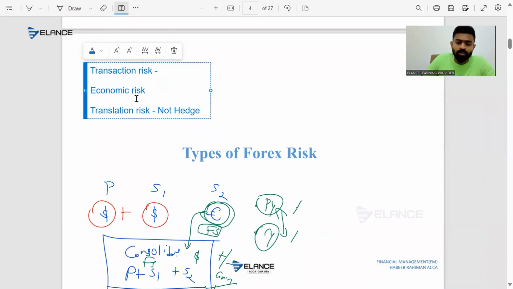What does it mean by hedge? See, due to the fluctuation in forex rate, are we facing any uncertainty in our payment and receipt? Yes, we are, right?